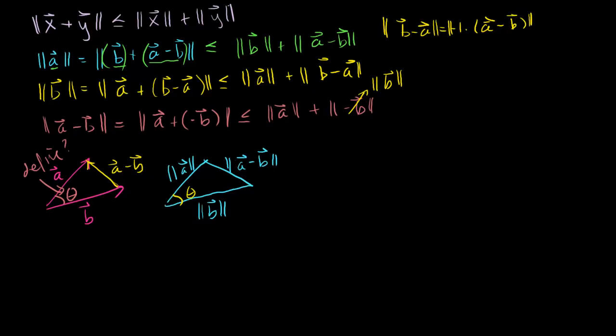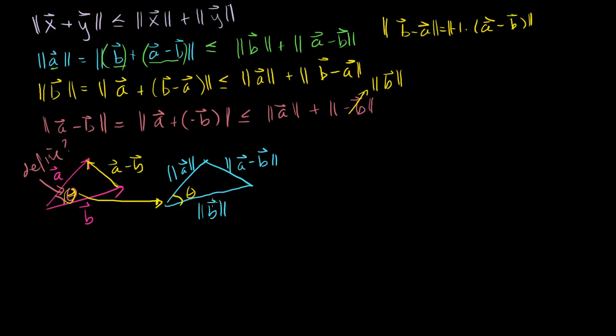This is just the definition. I'm defining the angle between two vectors in Rn that could have an arbitrary number of components to be the same as this angle, the angle between the two sides, the two lengths of those vectors, in just a regular run-of-the-mill triangle.